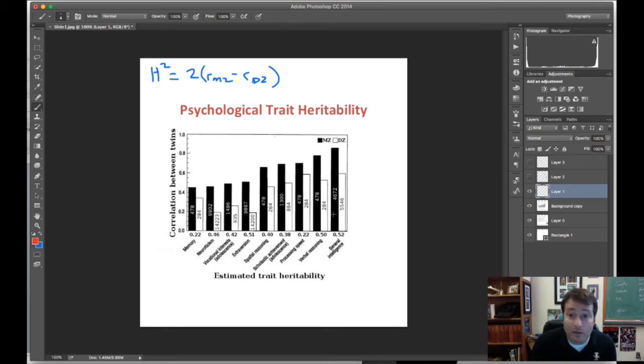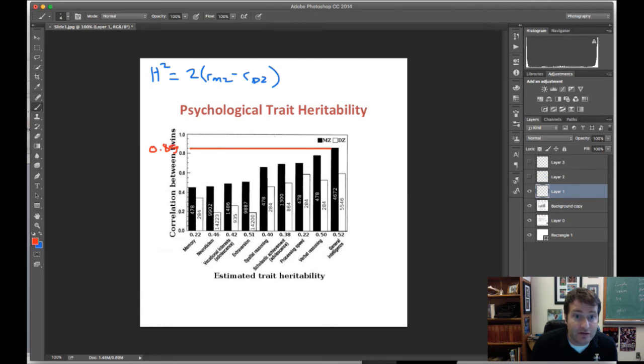And so my estimate right here for the correlation coefficient for general intelligence for monozygotic twin pairs, I think that's 0.85 roughly. Okay, so that's 0.9, so I'm just going to write 0.85.